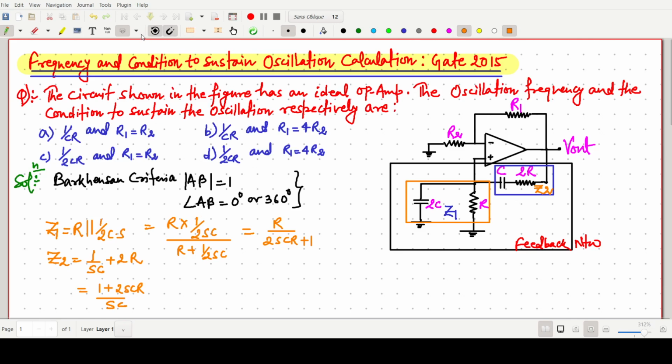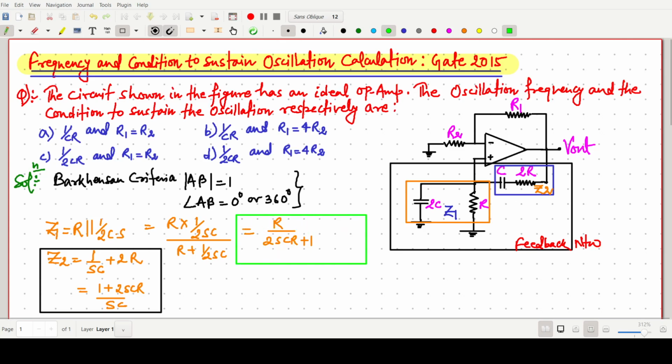Once again, I am putting all this in a rectangle. This one is our Z2 and this one is our Z1. Why am I writing this?